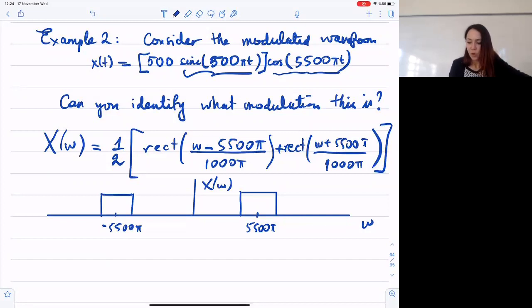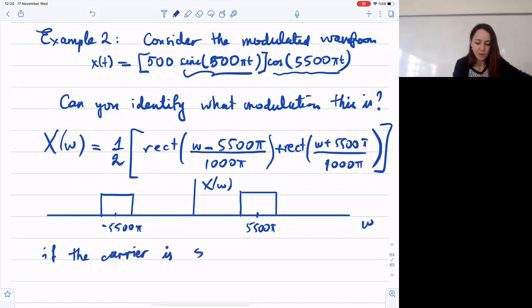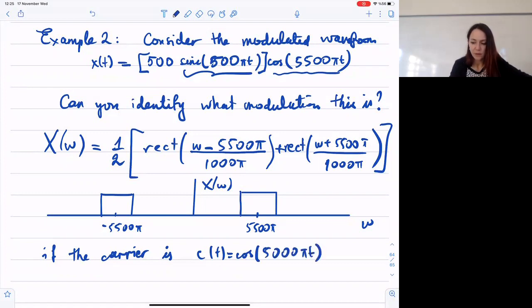Okay. So if the carrier signal... oh, I didn't give you the carrier. If the carrier is C of t equals cosine(5,000 pi t), then what is the modulation?